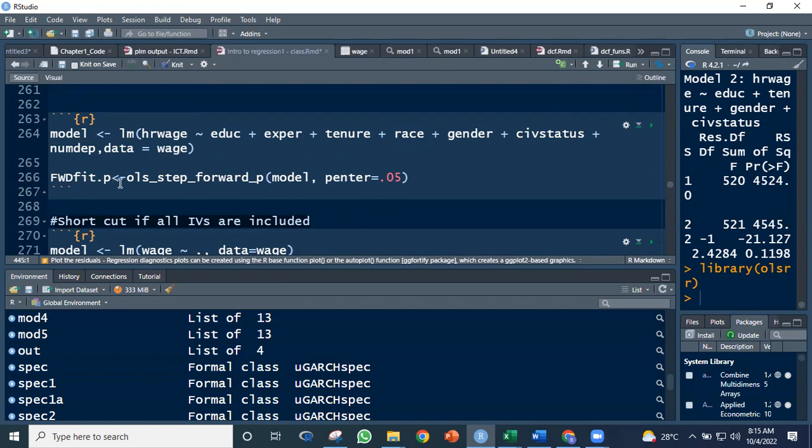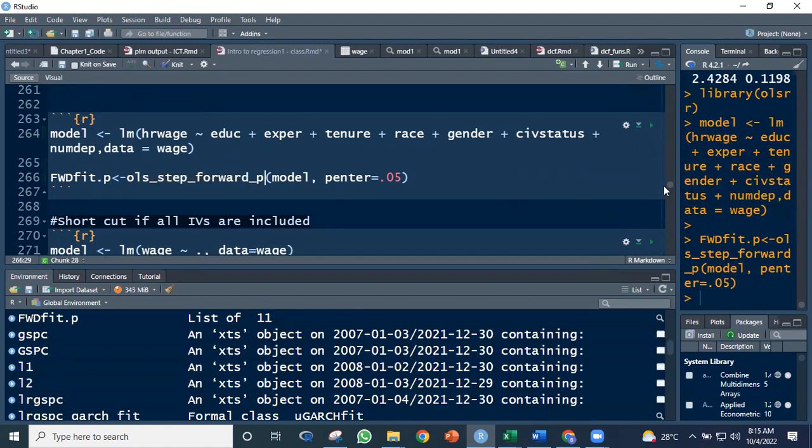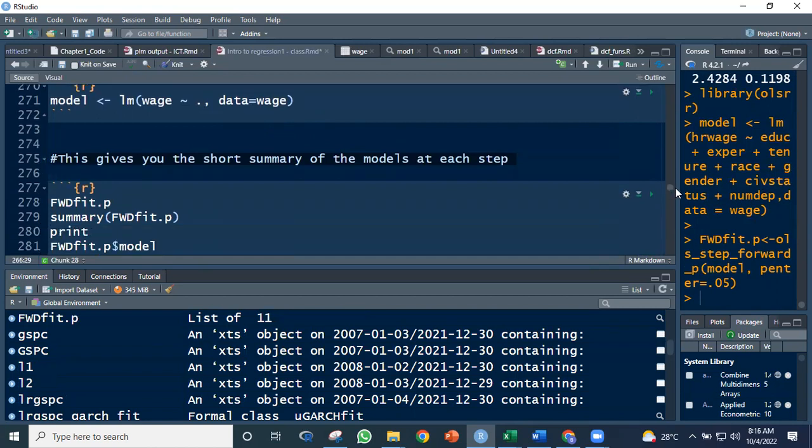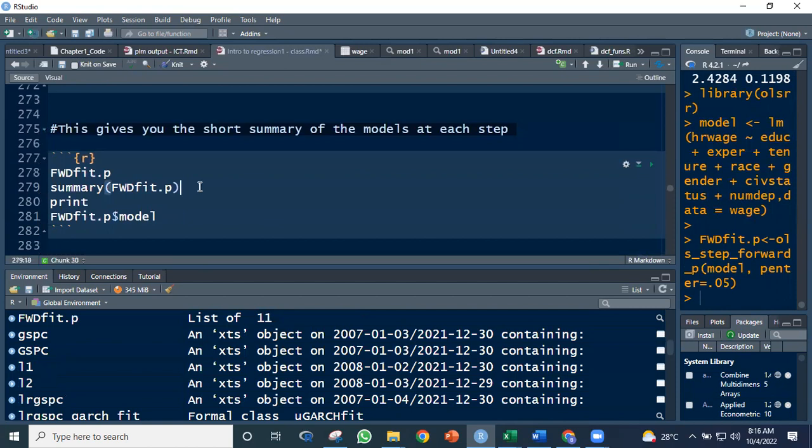Then we can do this forward stepwise regression, and the function is ols_step_forward_p, using the p-value. We did this last time, so just a quick review. Then let's get the summary of this.